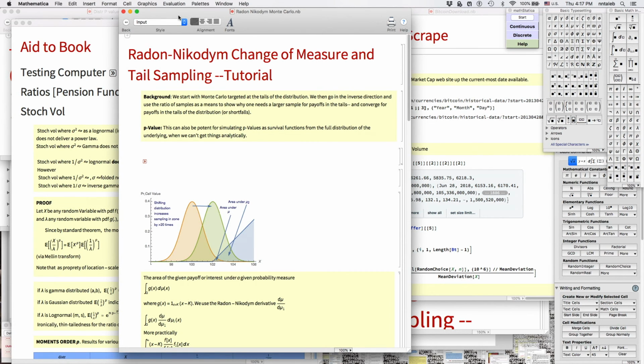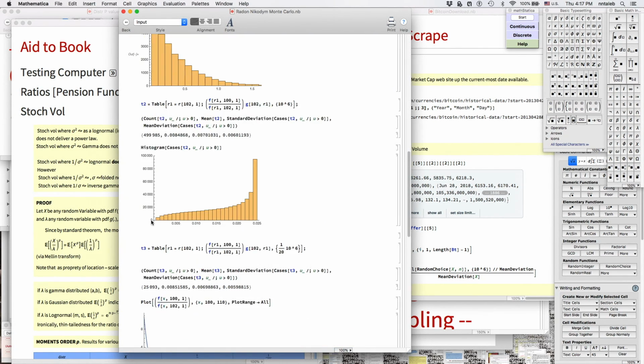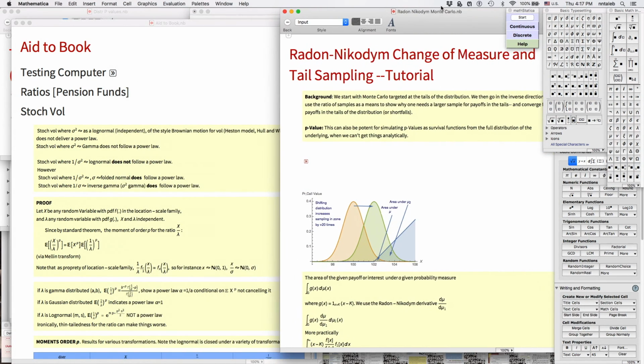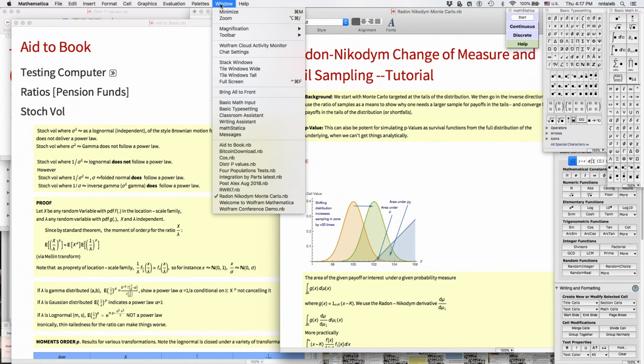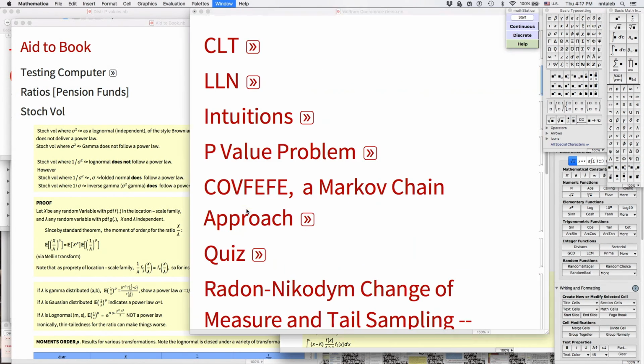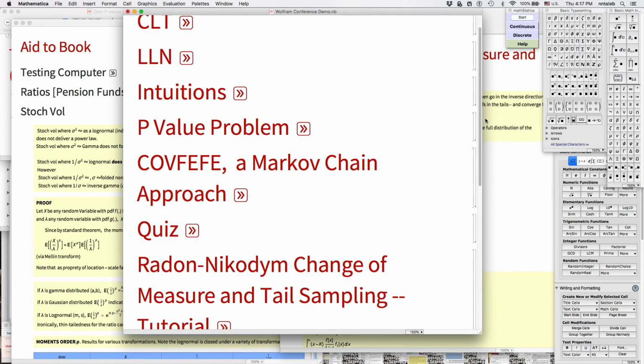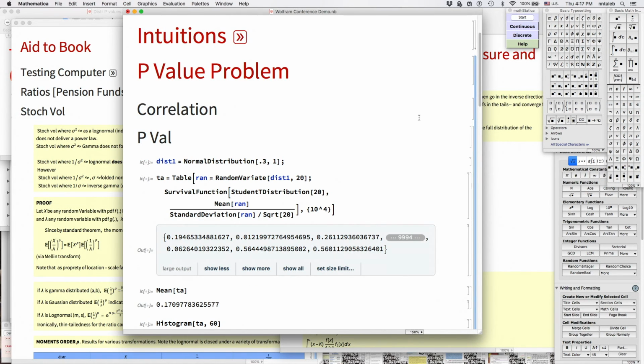Let's talk about the p-value problem. Okay, the p-value problem is, let's go back to the lecture, Wolfram conference demo. The p-value problem is as follows. Here I have correlation. Let me start with correlation.